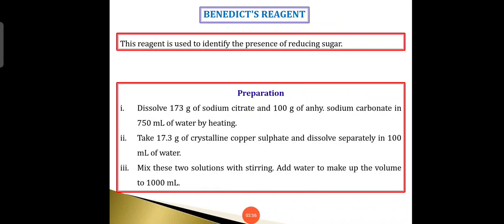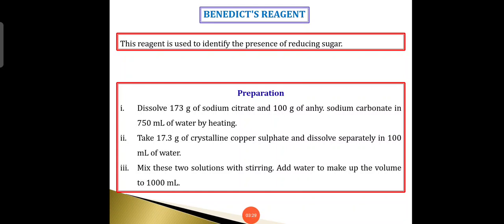This reagent is used to identify the presence of reducing sugar. So this Benedict's test is used for simple carbohydrates. This test identifies reducing sugars, that is monosaccharides and some disaccharides, which have free ketones or aldehyde functional groups.